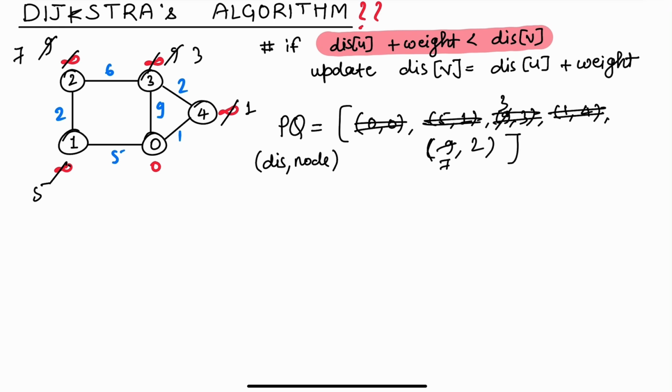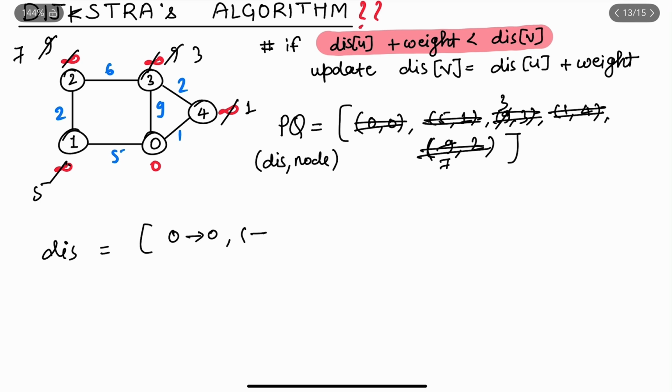So now we again go to pick the node with shortest distance, that is 7 comma 2, but when we go to the node 2 we see all other nodes are already visited. 3 is already visited, 2 is already visited, so we just pop this node and we get our final distances as 0 to be 0, 1 to be 5, 2 to be 7, 3 to be 3 and 4 to be 1.